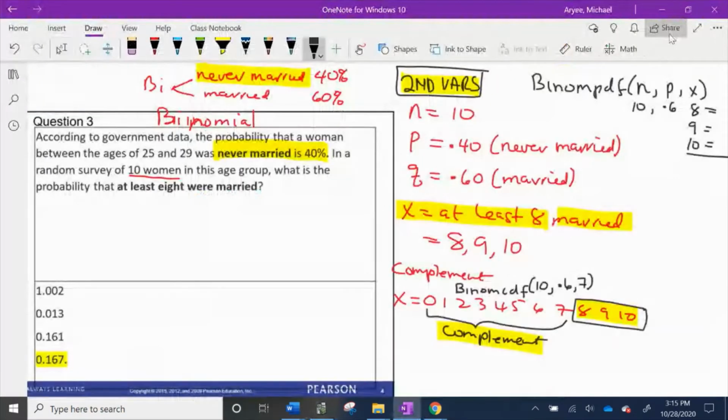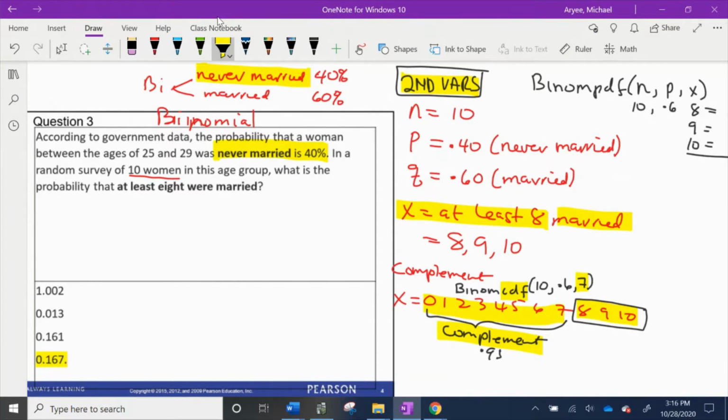So the complement is up until 7 you said to do? Yes, so you're going to do binomCDF of 10, 0.6, 7. The moment you write CDF 7 here, it means from 0 to 7, so it does all the addition for you.